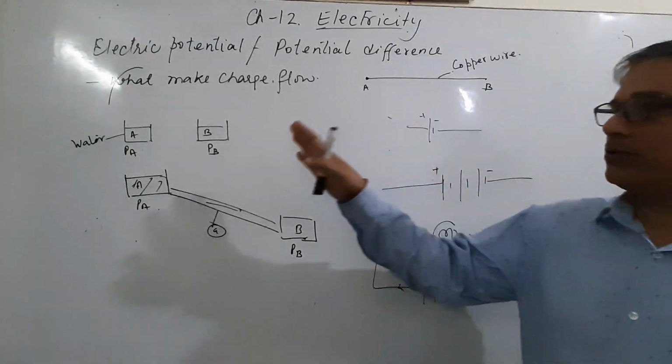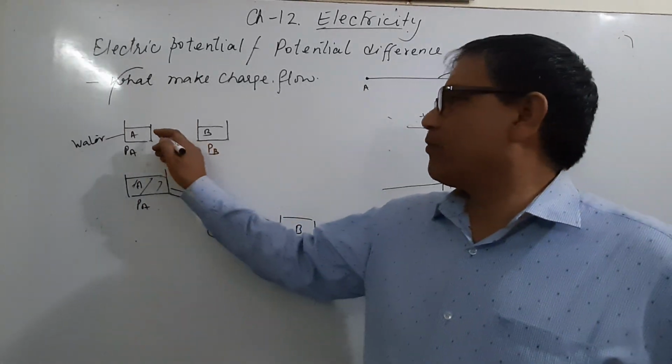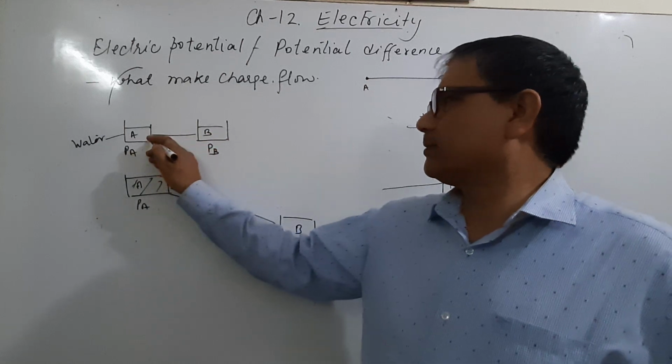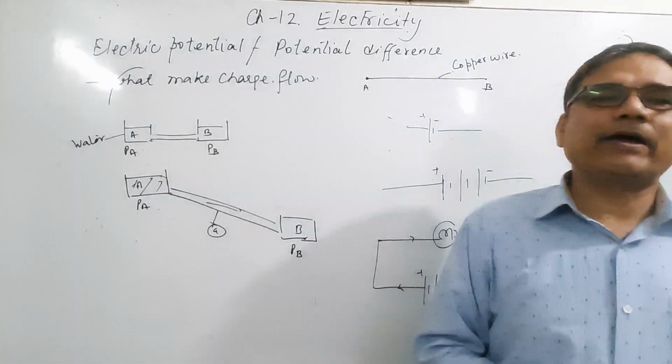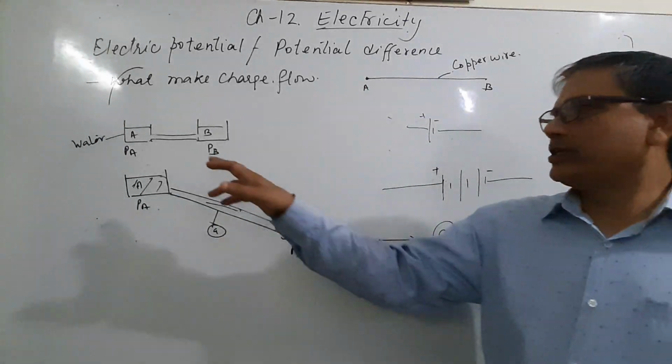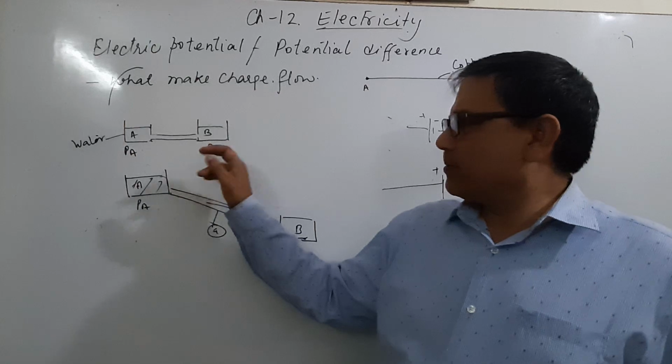For this we have to study the example of water. Take two water tanks which are connected by a pipe, and the pipe is horizontal, and the size of the tanks is the same.